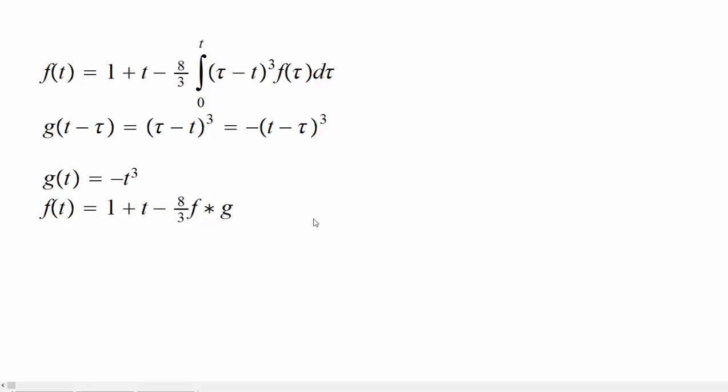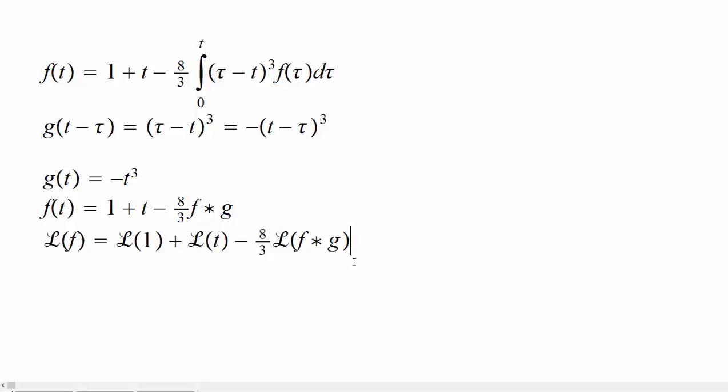So let's change it so that I am answering the question that you are having difficulty with. So now we are going to take the Laplace transform of this equation.